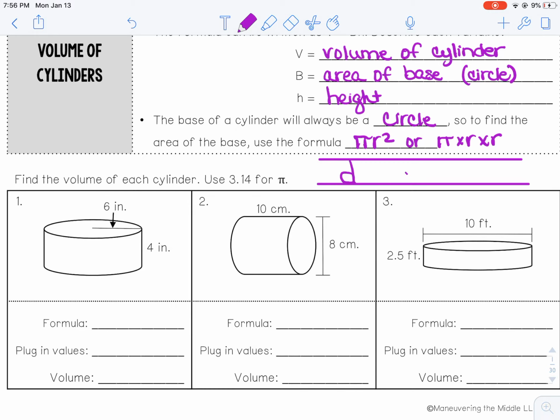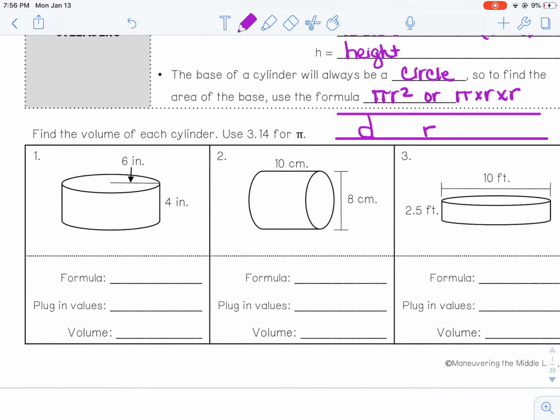A lowercase r takes up half the width of the line, just like radius takes up half the width of the circle.